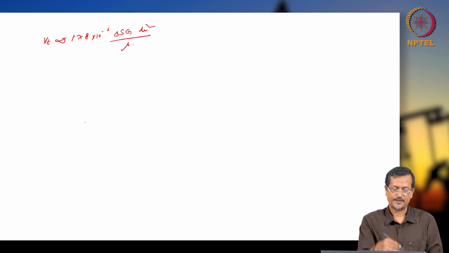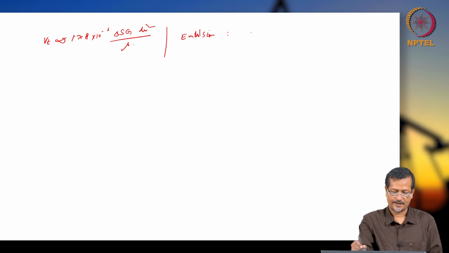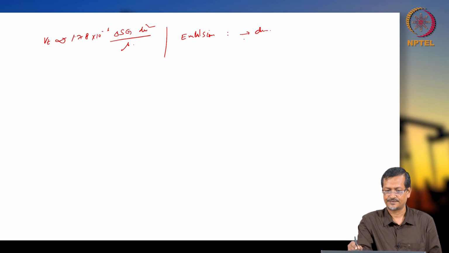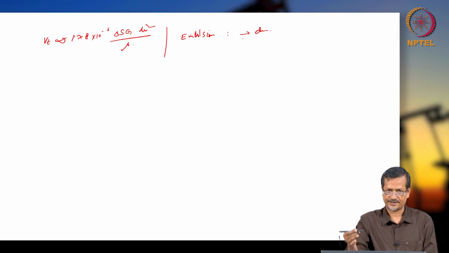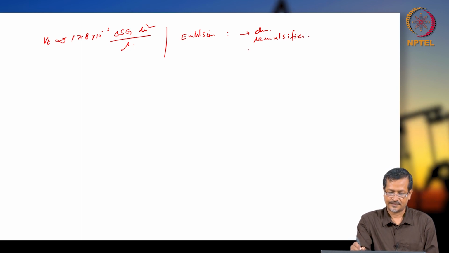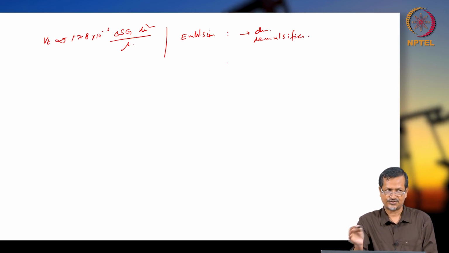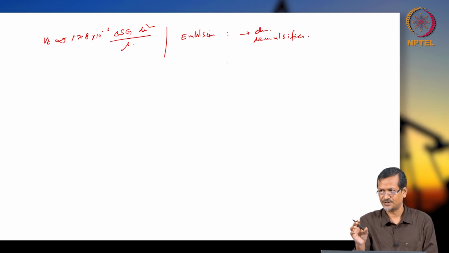Okay. And when you are treating emulsion, dm should be larger. If an emulsifying agent is there, then you have to use demulsifier. And settling time also you can change based on how much hard emulsion is there, or moderate emulsion, or unstable emulsion.